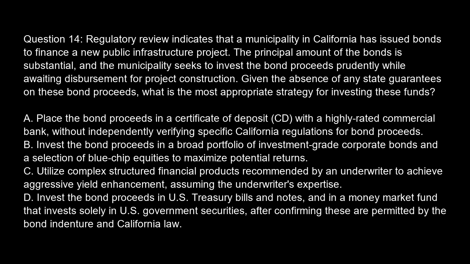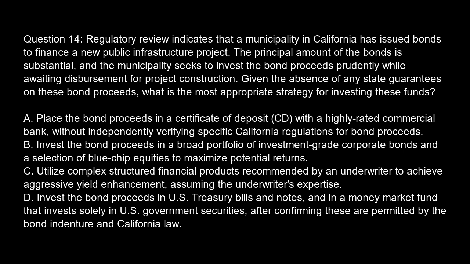Option A. Place the bond proceeds in a certificate of deposit (CD) with a highly rated commercial bank, without independently verifying specific California regulations for bond proceeds. Option B. Invest the bond proceeds in a broad portfolio of investment-grade corporate bonds and a selection of blue-chip equities to maximize potential returns.